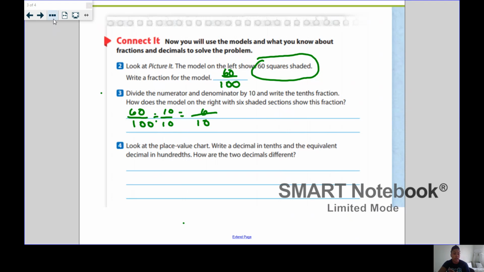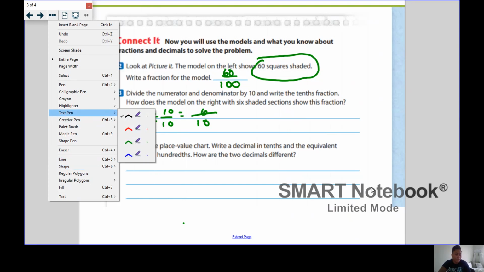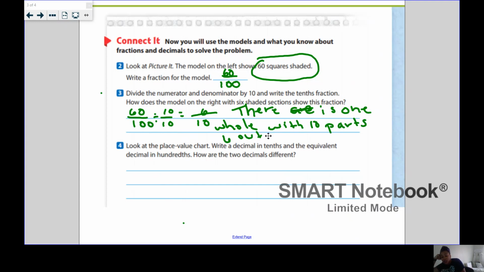How does the model on the right with 6 shaded sections show the fraction? How would we word that? So a way you can word that is: there is 1 whole with 10 parts. 6 out of 10 are shaded.